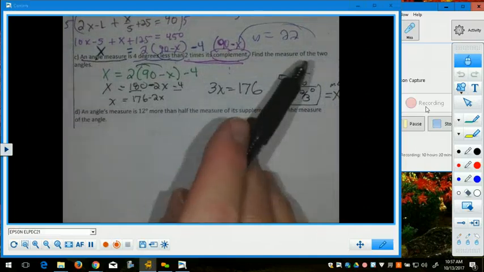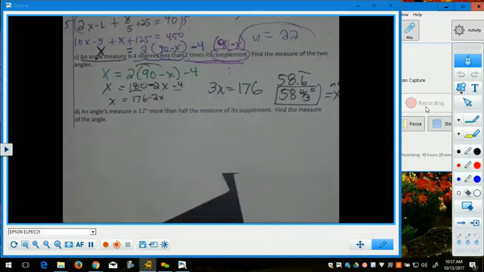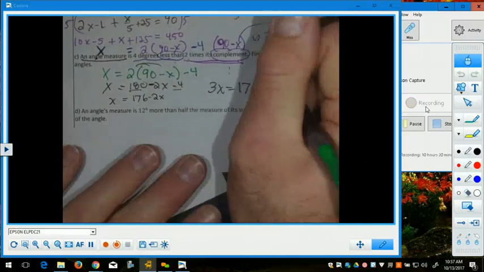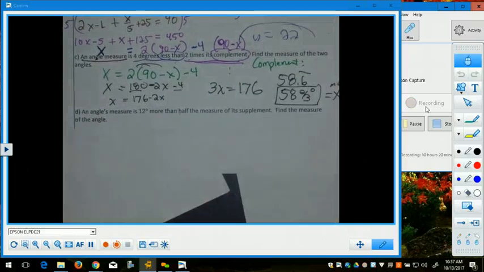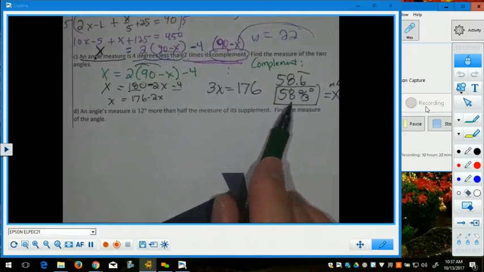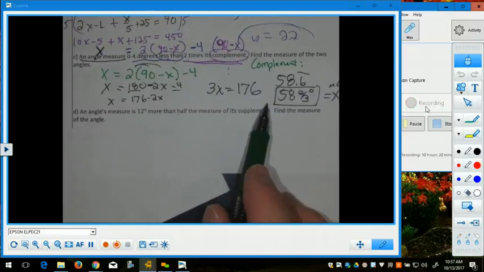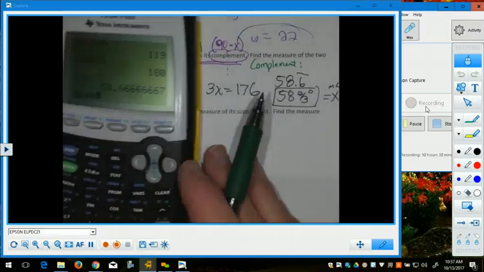But they asked me to find both angles, find the measure of the 2 angles. So I also have to find its complement. How do I find its complement? Well, I actually know the number, right? So how do you find its complement? 90 minus this. So watch this.